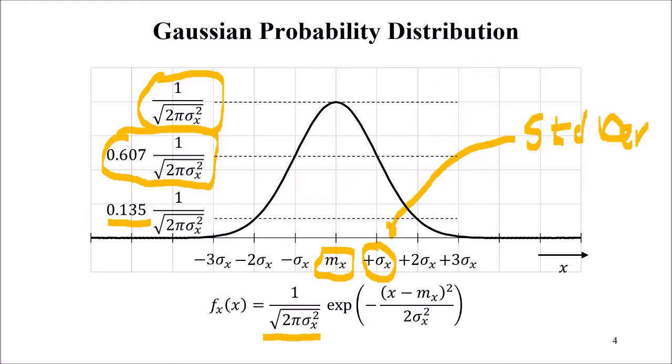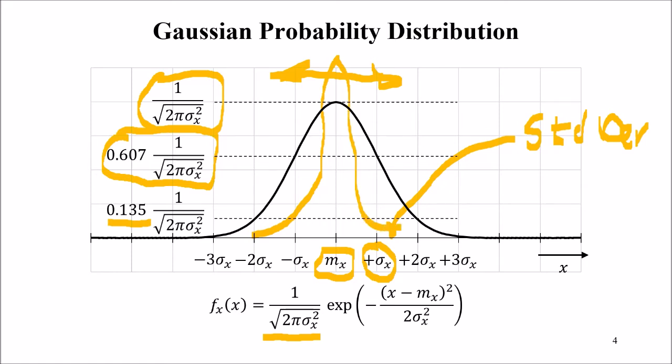If you change the value of the mean, you simply shift the location of the bell-shaped curve left and right. If you change the value of the variance, you change its width. If you have a smaller value for the variance, the curve will be more narrow and taller.